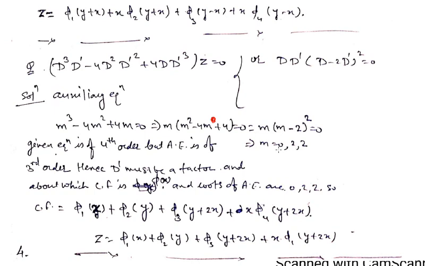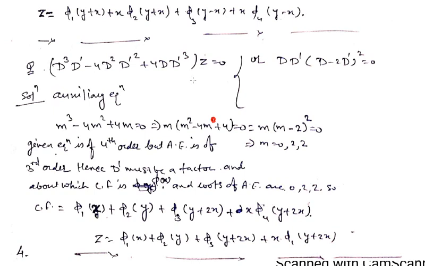So about 0 the part of CF is φ1(y), and about 2 and 2 the part of CF is φ3(y + 2x) and x φ4(y + 2x). But the given equation is a fourth order homogeneous partial differential equation, so there should be 4 arbitrary functions, but from here we can write only 3 arbitrary functions.